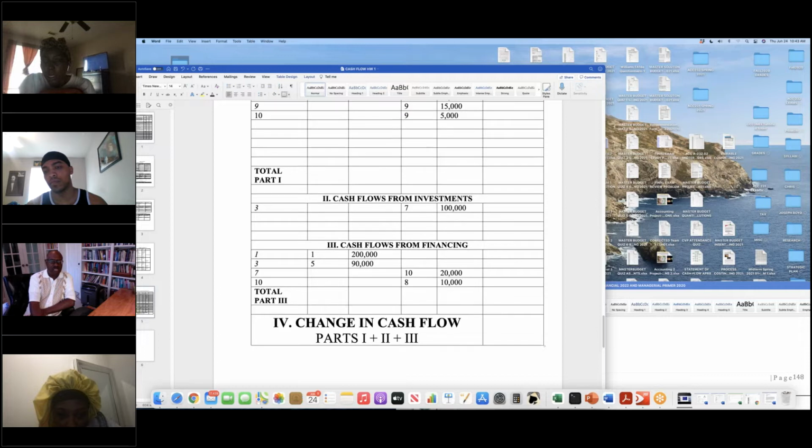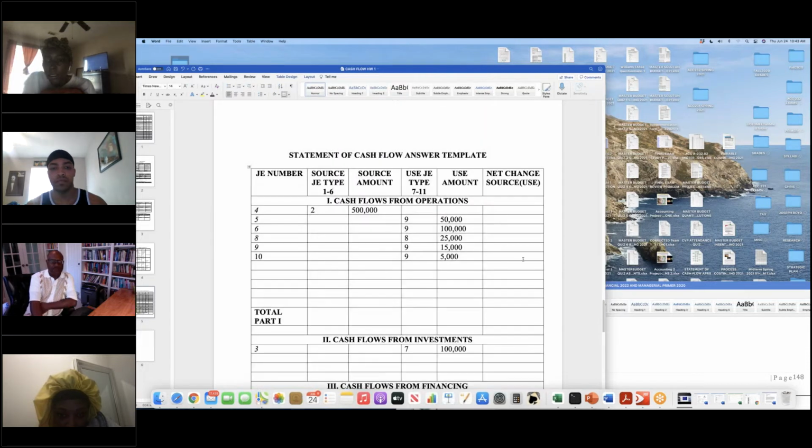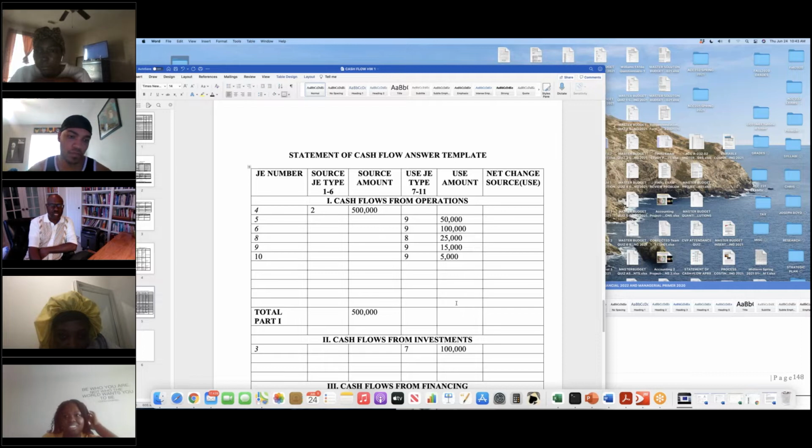Now we're done. So now we want to see, how much did operations provide? If we add up all our sources, how much do we get? If we add up all our uses, how much do we get? That's 195.